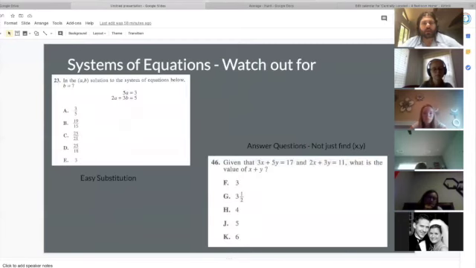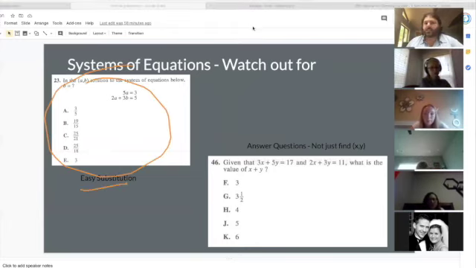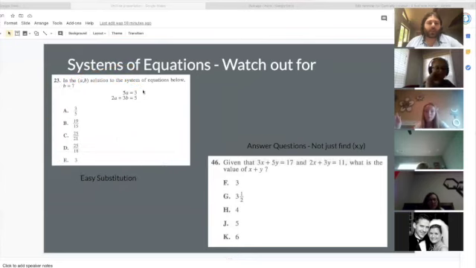All right. Things to watch out for in system problems. First thing over here, I'm calling this easy substitution. This problem is so easy to do because look how easy it is to solve for a. A is equal to 3/5 because you divide both sides of the first equation by 5.